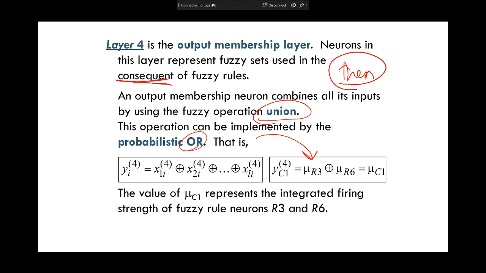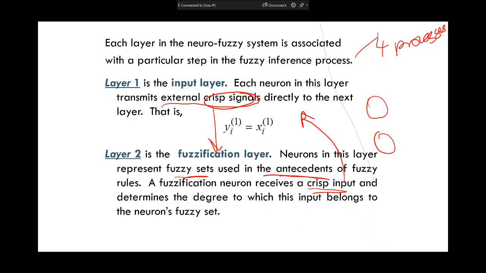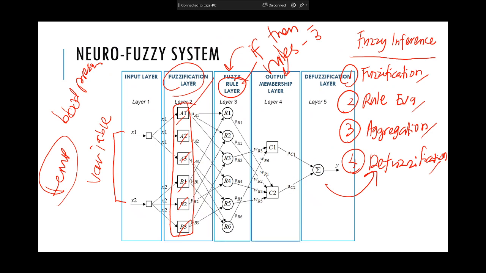So the value of membership C1 will represent the integrated firing strength of fuzzy rules, that is from rule 3 and rule 6, for example, because rule 3 and rule 6 have the same value of output or consequent.